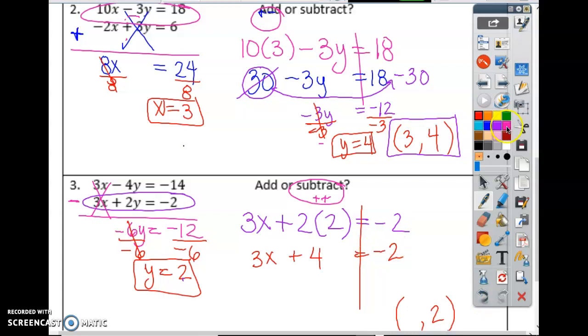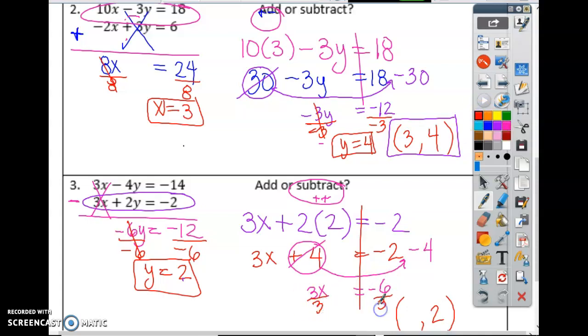What do I move? The 4. Move the 4 over, change the sign, minus 4. Because I want to get the x's on one side, the numbers on the other side. So the 3x comes down, equals, what's negative 2 minus 4? In decimals, negative 2 minus 4. Negative 6. Last step, divide by 3.